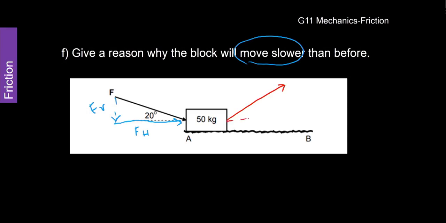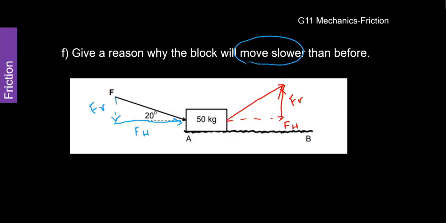We had the horizontal component, which looks similar. And we had a vertical component. Have a look at the directions. Can you see that in the first one, the vertical component was up, and in the second situation, when the force is acting in this direction into the block, pushing it rather than pulling it, we've got a downward component.